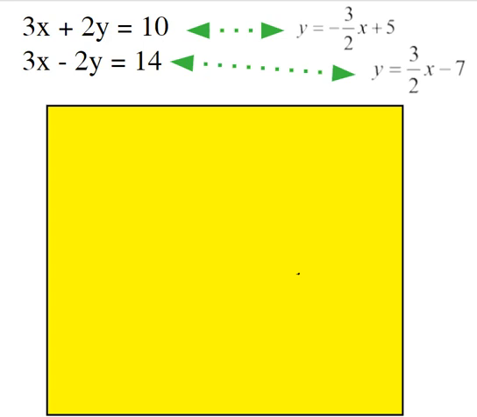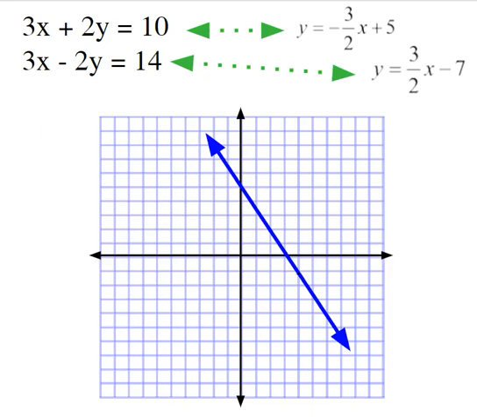Let's go back to that first equation, y equals negative 3/2 x plus 5, and let's put it on the graph. Here you would have had a line going downhill, down 3 and to the right 2, and it's going to cross the y-axis at positive 5. Let's go ahead and graph that second line, y equals 3/2 x minus 7.